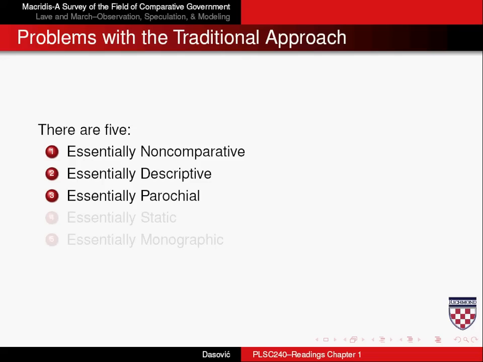The third is that it was essentially parochial. Parochial comes from the French word meaning parish, meaning essentially local. The biggest criticism of comparative politics in the first part of the 20th century was that they looked at the same, very few countries, and it was Western oriented. They looked at the United States, France, Germany, Great Britain, etc., and they didn't move beyond those countries.